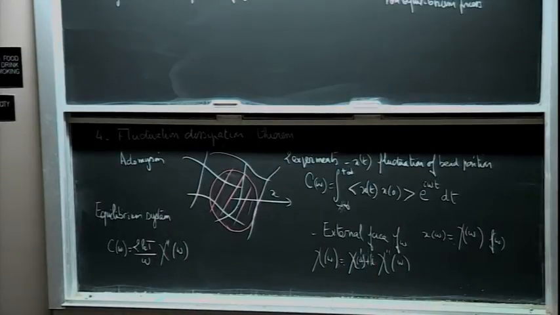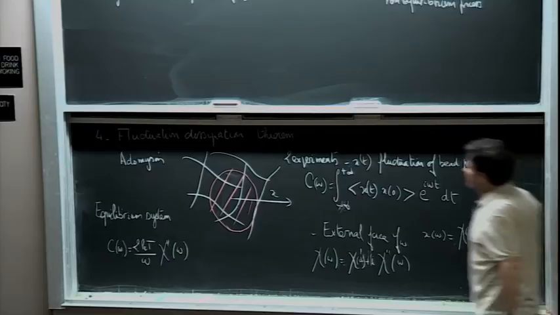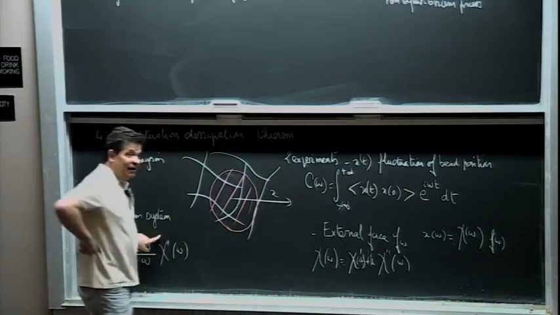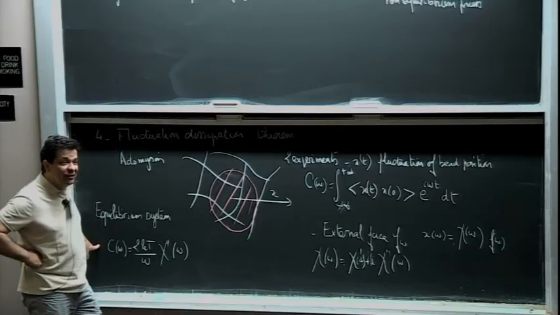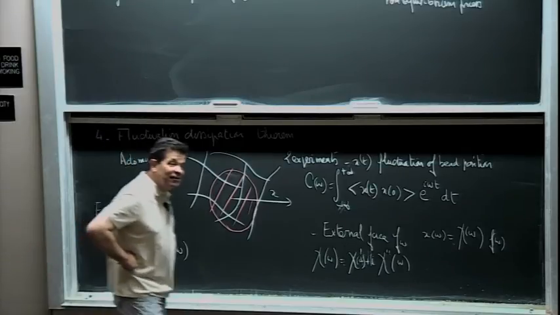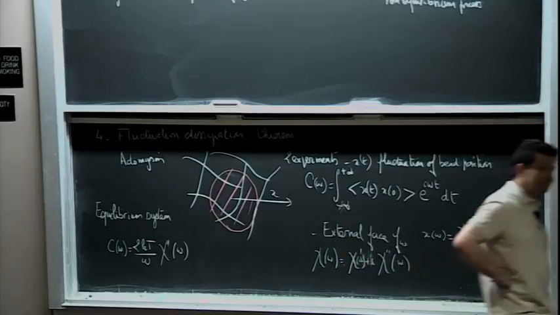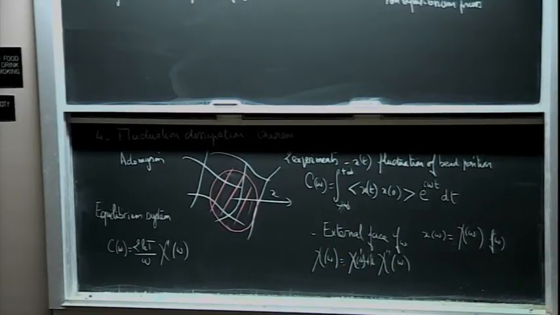What this tells you is that the dissipation in the system, which I said is measured by chi double prime, is directly proportional to the fluctuations in the system, which are measured by a power spectrum C of omega. Now, then the experiment is easy.